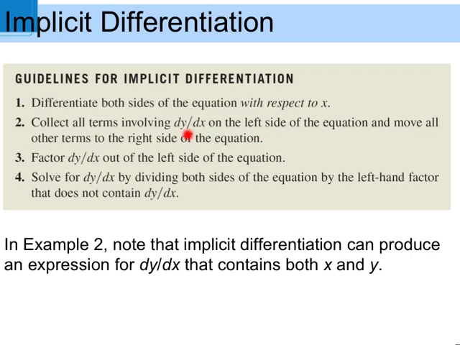But take all your dy dx terms on one side of the equation and move all the other terms to the other side. Factor the dy dx out of the left side of the equation if that's where you put them. And again, in class today we did this step and this step together simultaneously. And then you solve for dy dx by dividing both sides by the quantity that you have left when you factor.